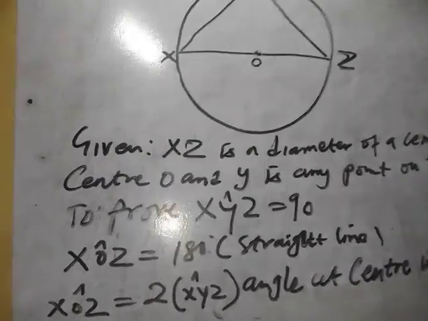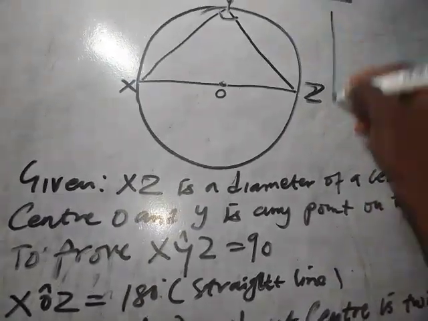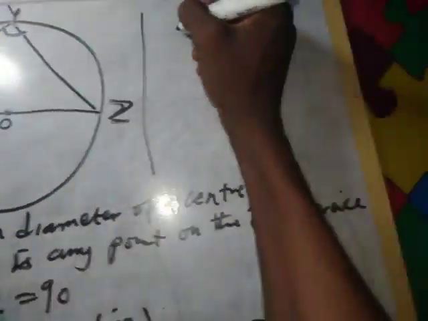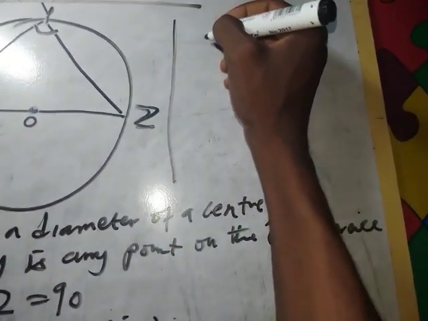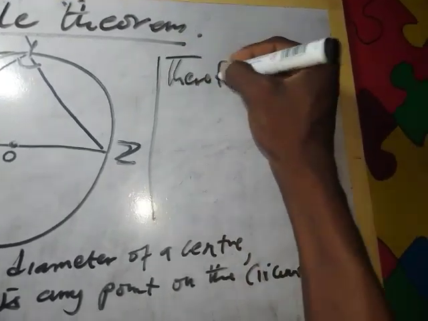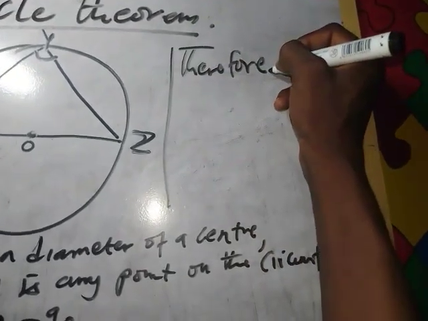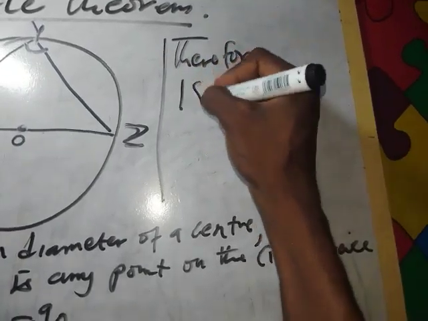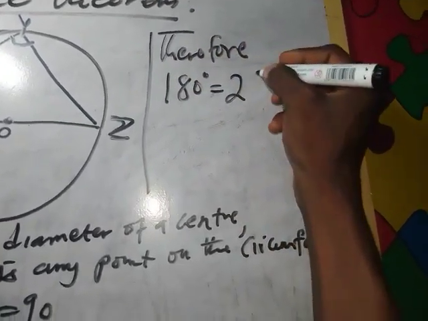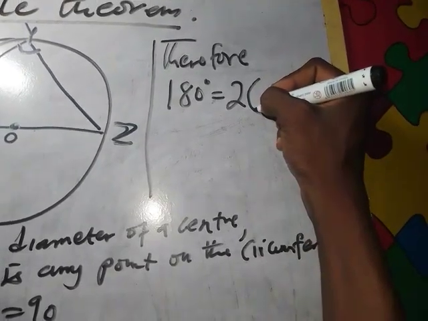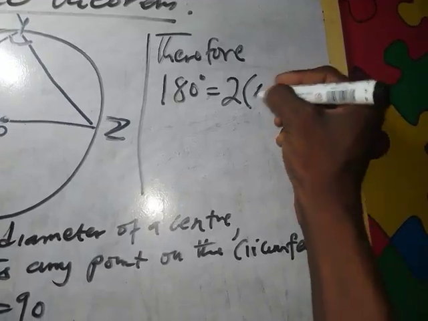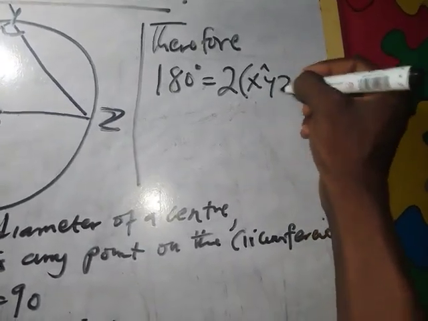So therefore, let's continue it here because of space. We can say that therefore 180 degrees is equal to 2 times the angle at the circumference, that is angle XYZ.